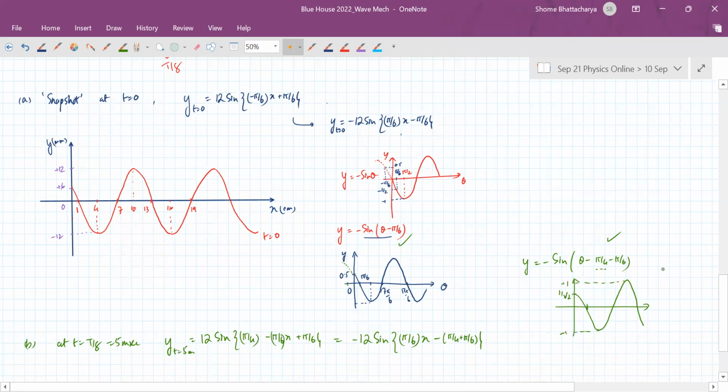And this point will become pi by 4 plus pi by 6, so that is 5 pi by 12.